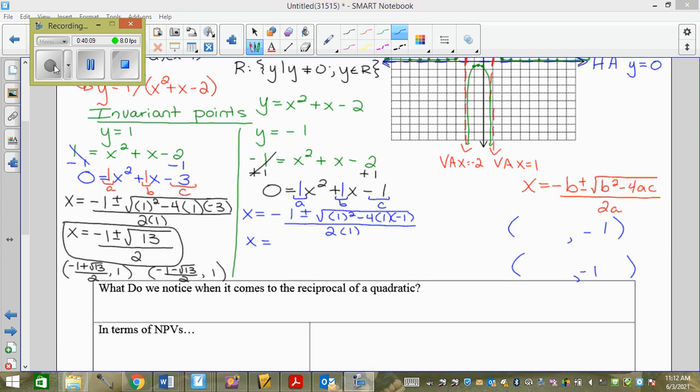All right. So we're going to get negative 1 plus or minus, and then it's 1 squared, which is 1, minus 4 times 1 times negative 1, which is 4. 1 plus 4 is 5, so we get root 5 over 2. So those are my two answers: negative 1 plus root 5 over 2, and negative 1; negative 1 minus root 5 over 2, and negative 1. So linear is a lot easier than quadratic. Quadratic is much more work to get your invariants.